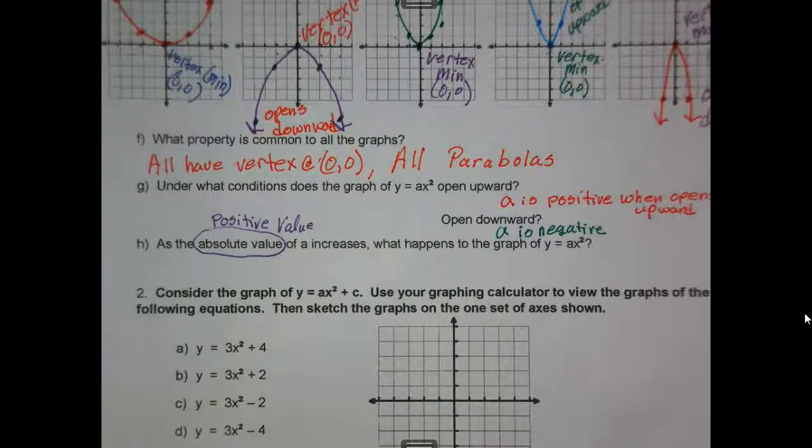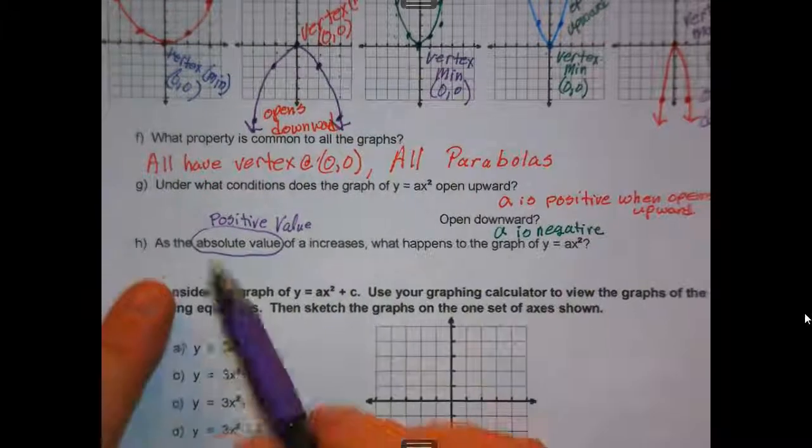For those of you taking geometry, the positive value of any number is the distance. A lot of you use positive values of even negative numbers for distance, like finding midpoints and the distance formula. You're all using absolute values for distance.